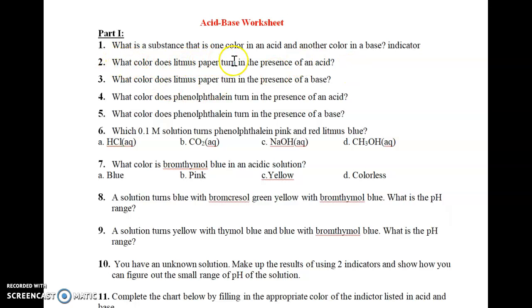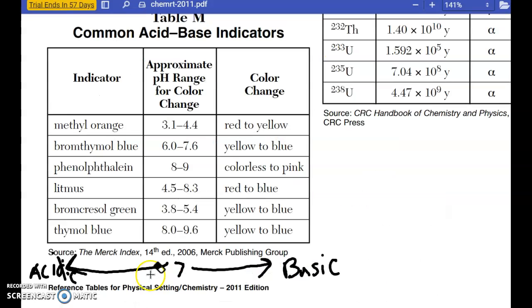What color does litmus paper turn in the presence of an acid? If we go back to our indicator table, Table M, the litmus paper would be useful for us if it's below a pH of 4.5.